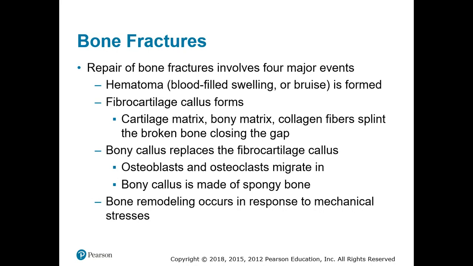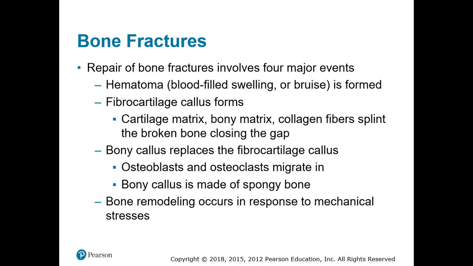Once blood gets to the area and it kind of clots it off, it's going to start forming a fibrocartilage callus. Again, fibrocartilage callus is just cartilage matrix, a little bit of bony matrix, and a lot of collagen fibers are going to go into that area and close that gap between the two broken pieces. The third step then would be the bony callus, because bones aren't made up of fibrocartilage, bones are made up of bones.